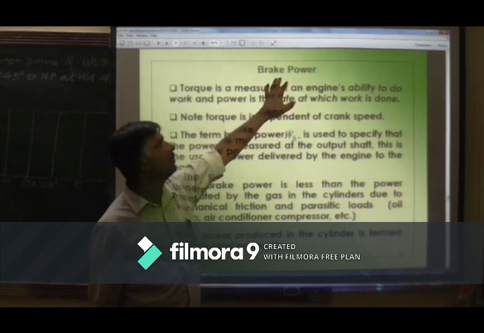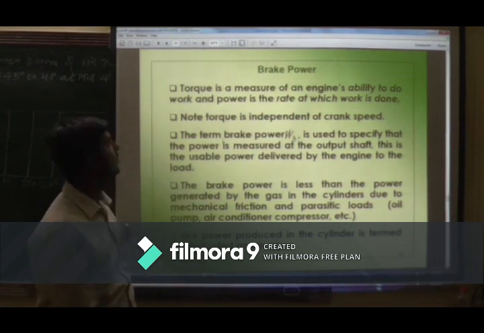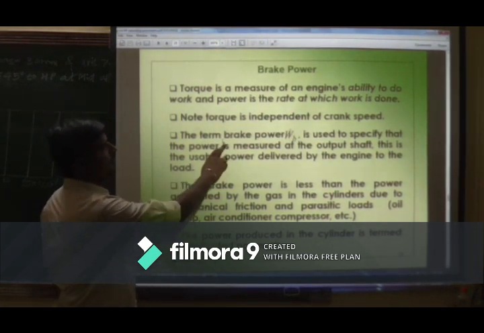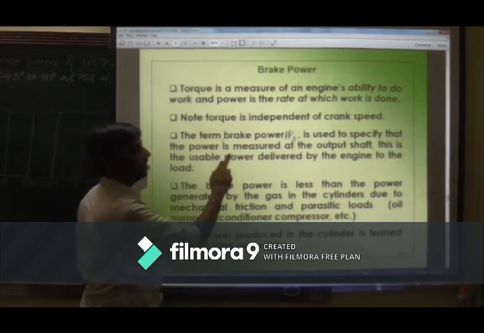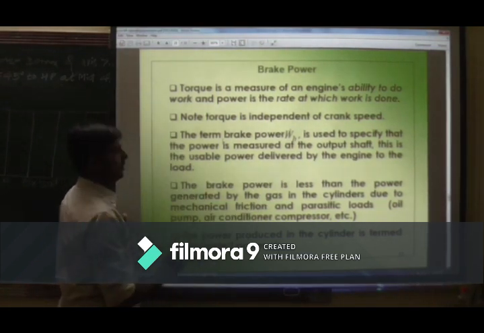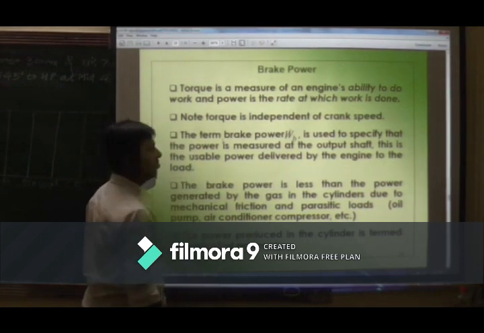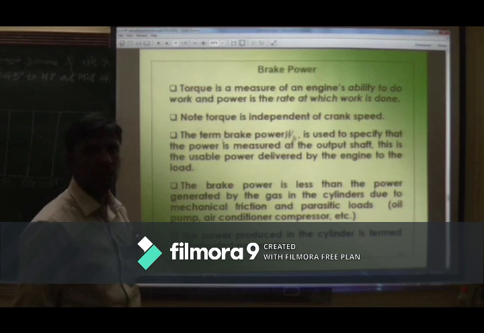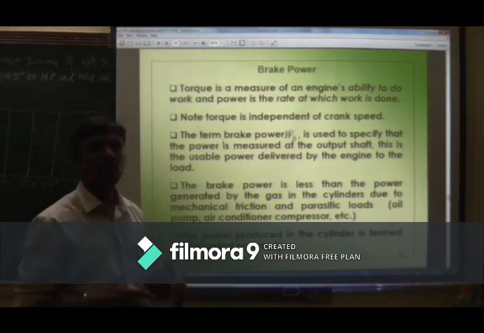Which engine power? The power available at the output shaft of that engine is nothing but brake power. See, the term brake power is used to specify that the power is measured at the output shaft. This is the usable power delivered by the engine. So, customer is interested in brake power. How much power can that engine produce?